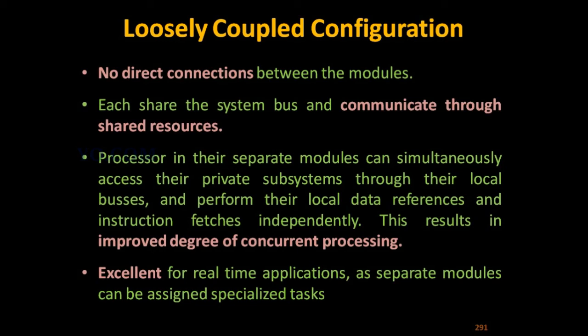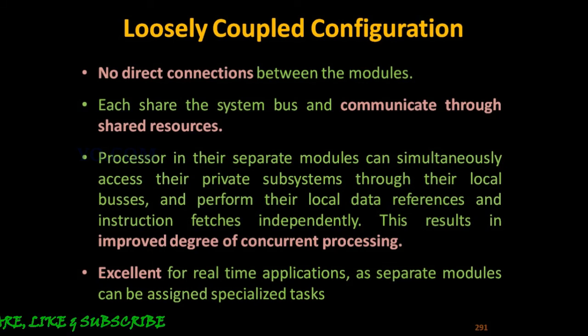There is no direct connection between the modules. Each shares the system bus and communicates through shared resources. Processors in separate modules can simultaneously access their private subsystems through their local bus and perform their local data reference and instruction fetch independently. This results in an improved degree of concurrent processing. It is excellent for real-time applications, as separate modules can be assigned to specialized tasks.